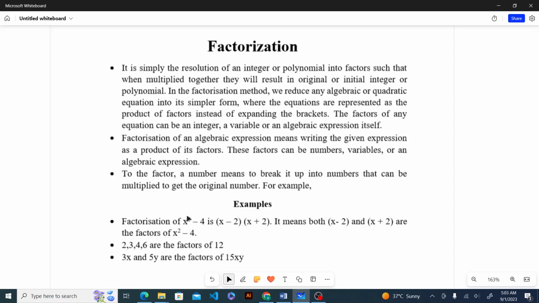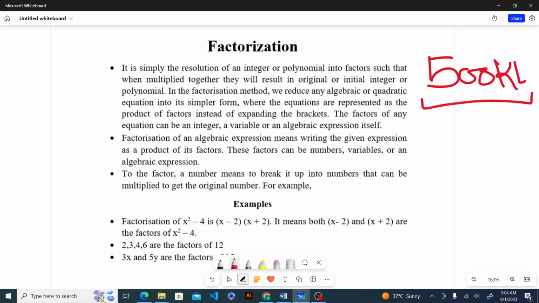So dear students, it is really simple concept. If you have a term or algebraic expression or equation, let's suppose you have 500 KL. Okay, this is a term.